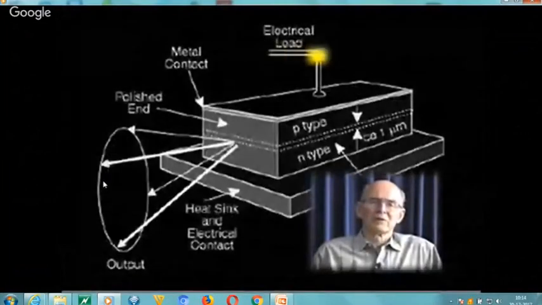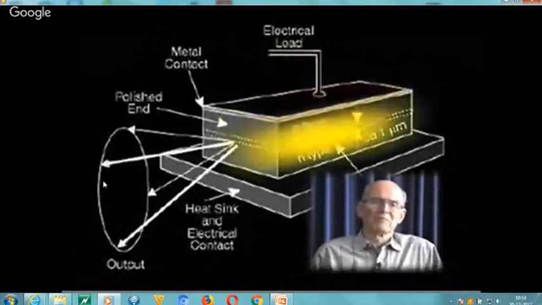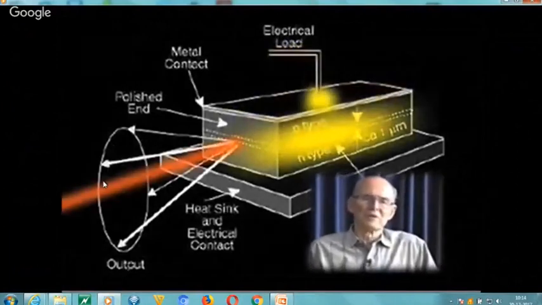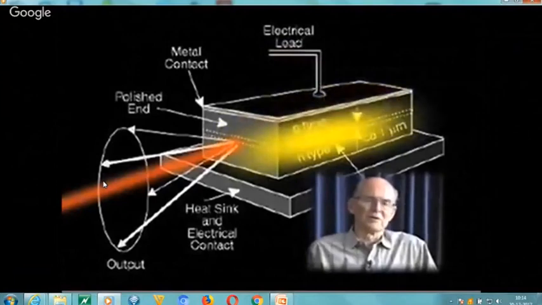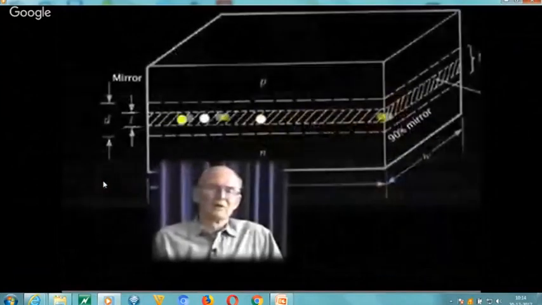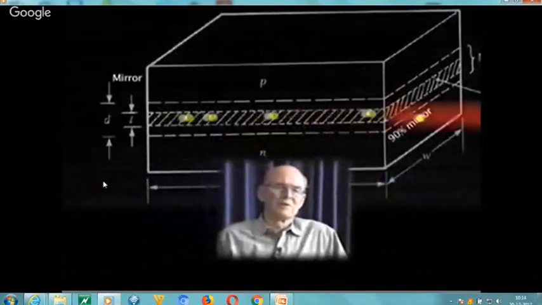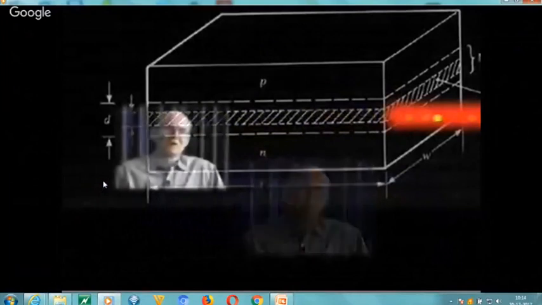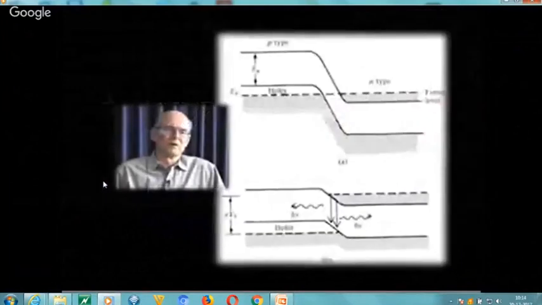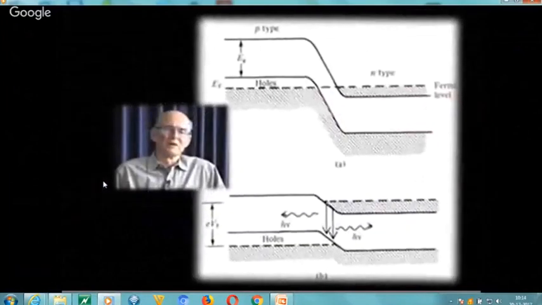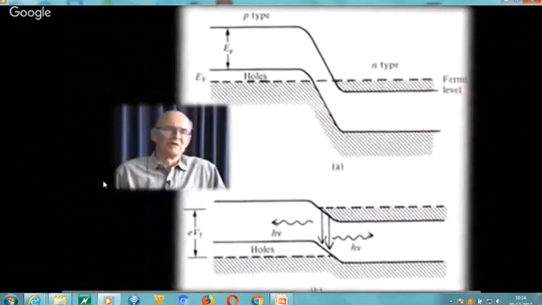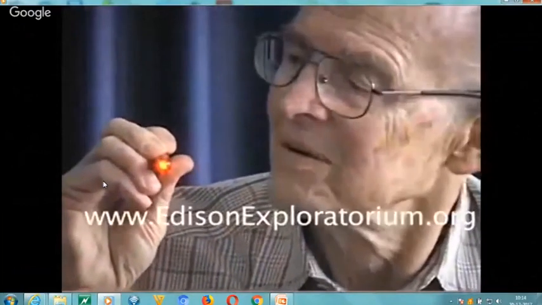And you pass a current through the diode that populates the space inside the junction with electrons and holes. And these recombine and produce light, which is bounced back and forth between the mirrors, and that inspires more electrons and holes to recombine and singles out, instead of a broad spectrum of light, a single frequency, and all the light comes out in a very intense collimated beam.